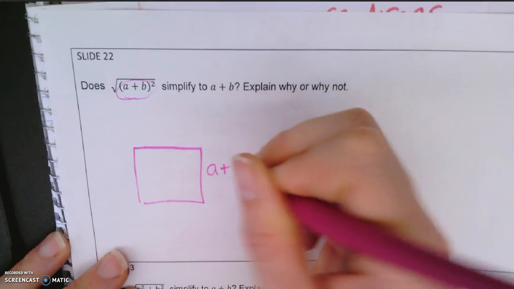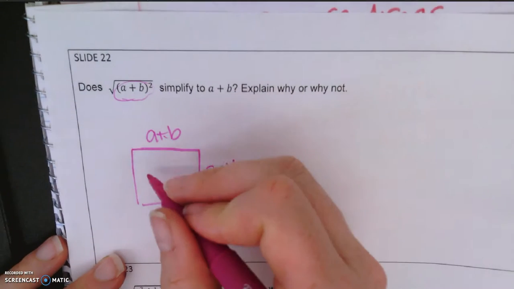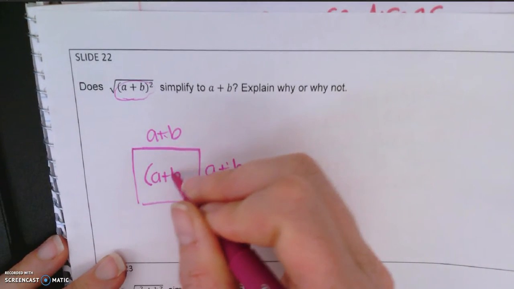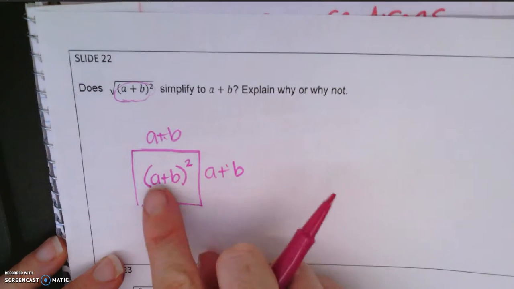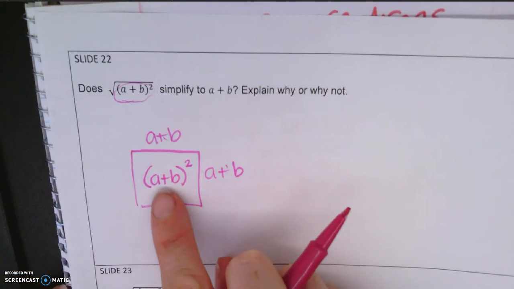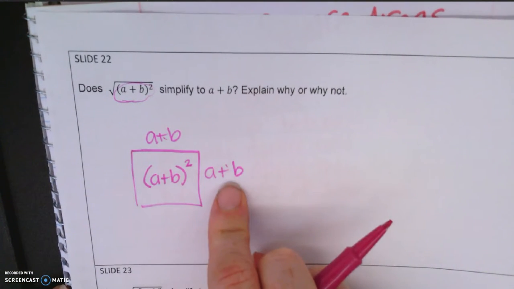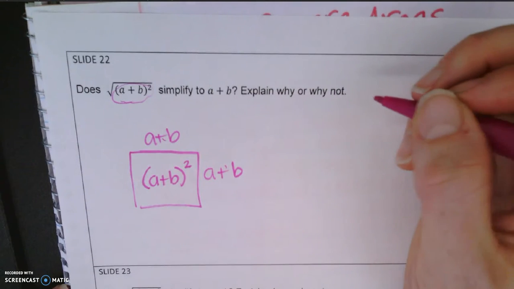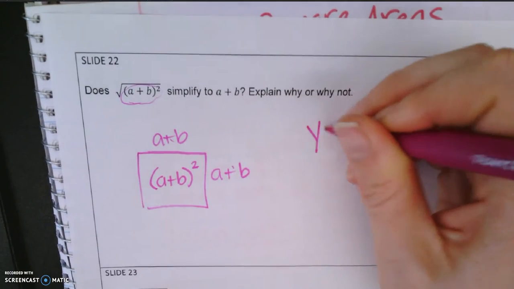A plus B, A plus B. If those are the side lengths, wouldn't the area be A plus B squared? And to go from the area to the side length, wouldn't you take the square root of A plus B squared and get A plus B? So does the square root of the quantity A plus B squared equal A plus B? Yes. Yes, it does.